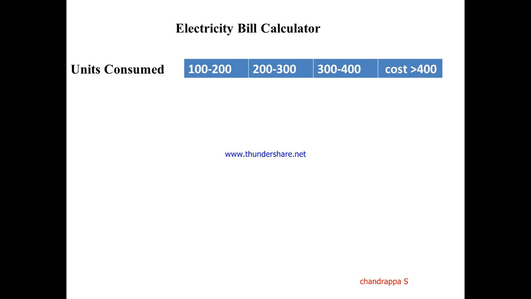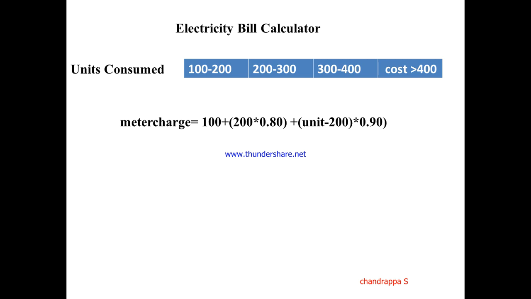Next, suppose electricity consumed is in between 200 to 300. In that case, meter charge equal to compulsory charge, that is 100, plus charges up to 200 units, that is 200 into 0.80, plus calculate the remaining units by subtracting 200 from total units.